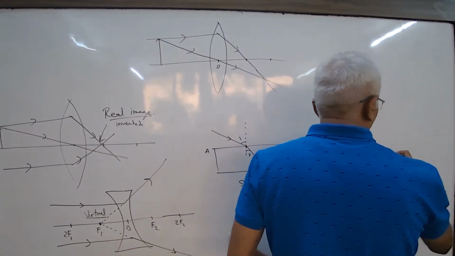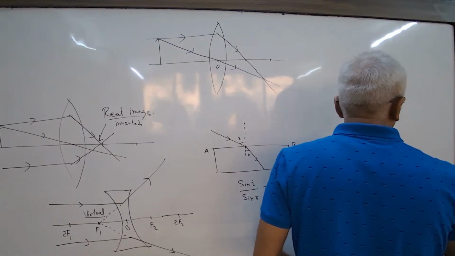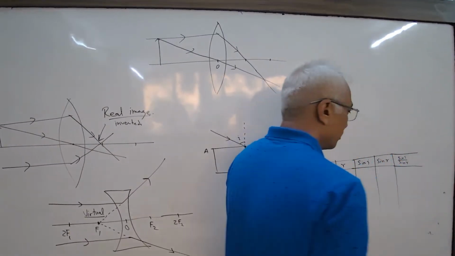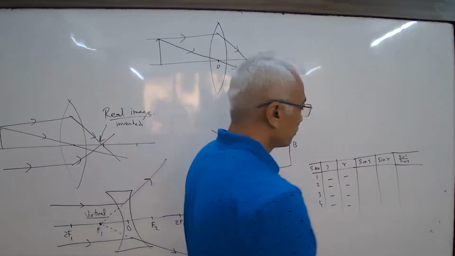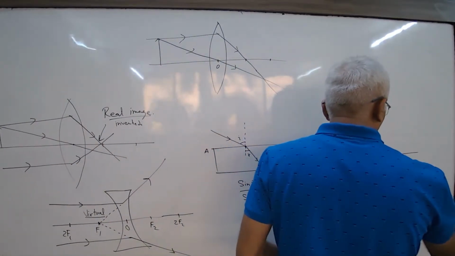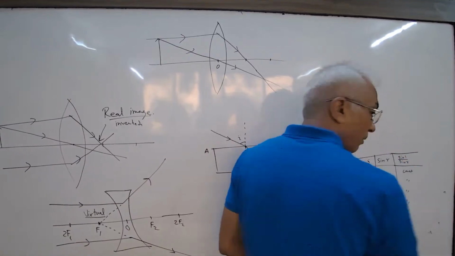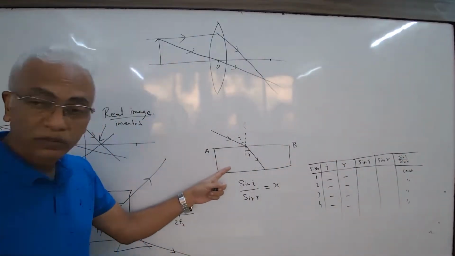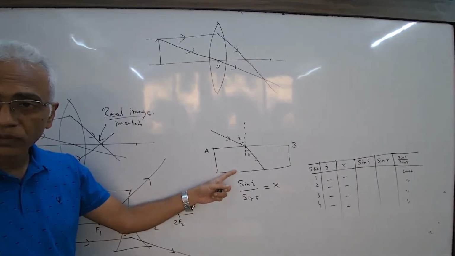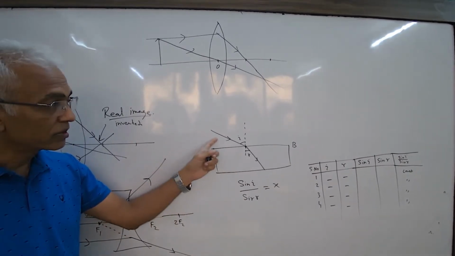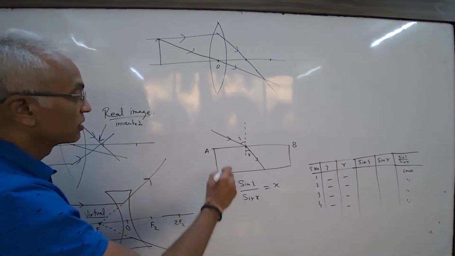Now you are finding in the last column sin I divided by sin R. Mathematically, you will find that all these values are constant. Same idea, for a given pair of media. Yes. And this light has to be monochromatic, single color light.